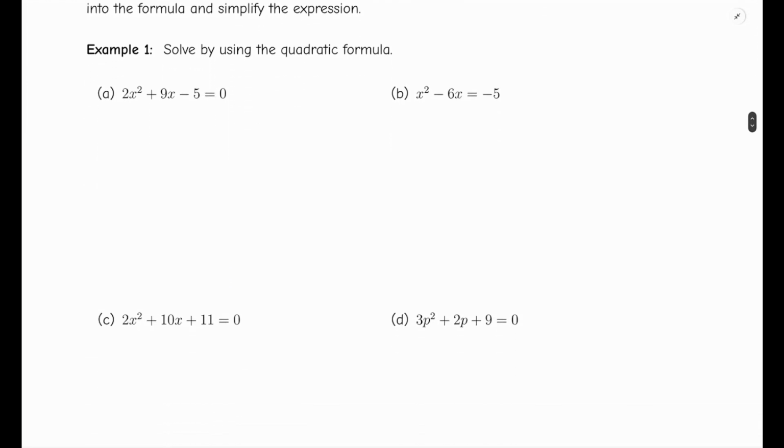Example 1. Solve by using the quadratic formula. So I see that a is equal to 2, b is equal to 9, and c is equal to negative 5. So our solutions are x equals negative 9 plus or minus the square root of 9 squared, which is 81, minus 4 times a times c, which is negative 40, all over 2 times a, which is 4.